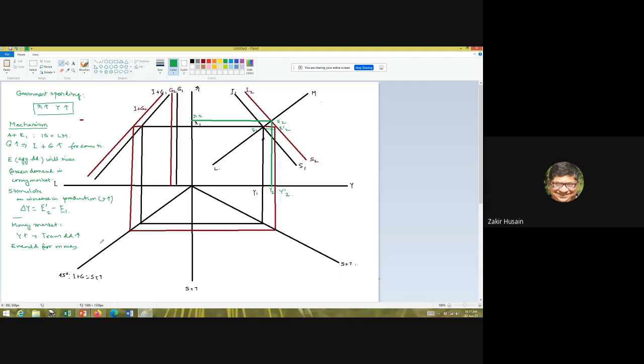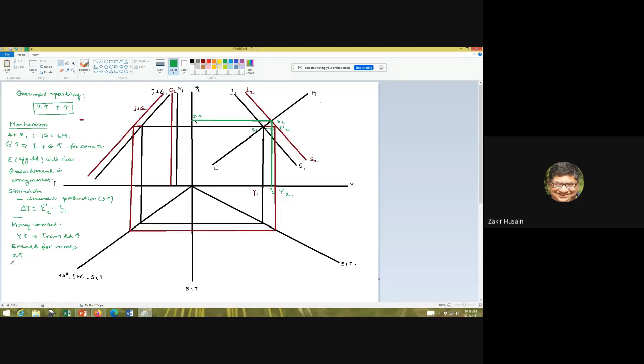If there's excess demand for money, people will pull away bonds, pull away wealth from bonds to money. So the price of bonds will fall and the rate of interest will rise. So ultimately, if the rate of interest rises, speculative demand will increase. But more or less what happens is there will be an increase in equilibrium in the money market.